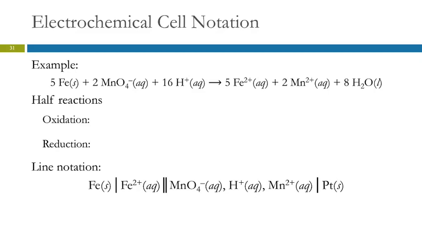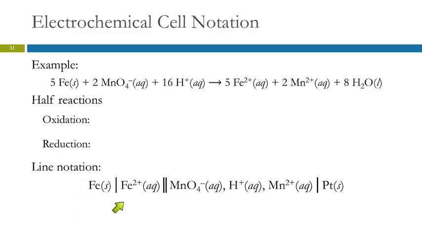Okay, so here's an example of a redox reaction occurring in an electrochemical cell. This one's already been balanced for us. Here's the line notation down here.